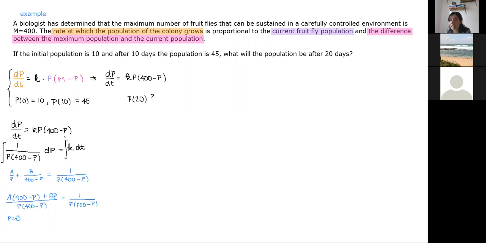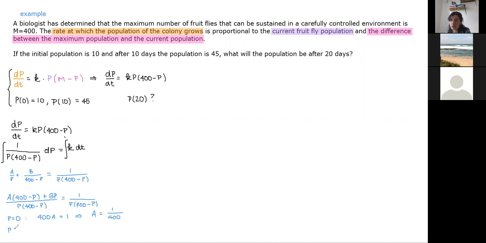So I have that if p is equal to 0, then a times 400, so 400 times a, will have to be equal to 1 for these two sides to be the same, right? And I know that I only have to compare the numerators because the denominators are already the same, so I don't have to worry about that. Which means that a will have to be equal to 1 over 400.